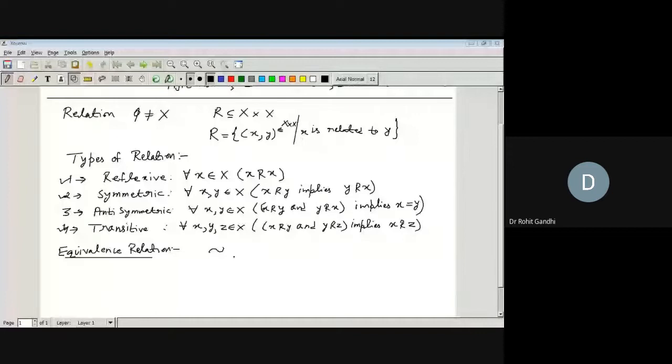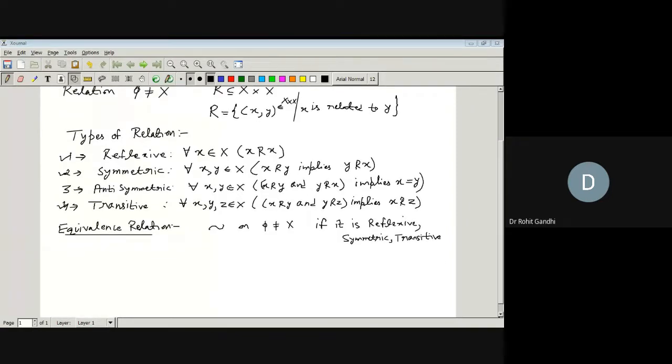I will say that a relation on a non-empty set X is an equivalence relation if it is reflexive, symmetric, and transitive.